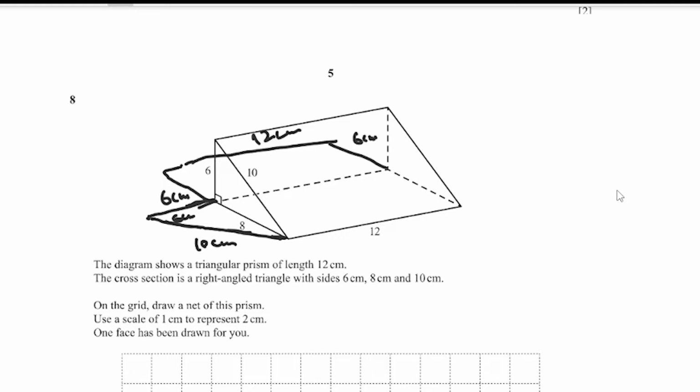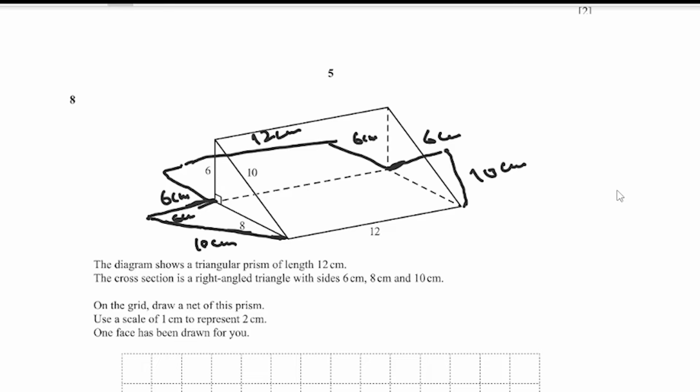For this face, we will draw 6 centimeter, and this side should be equal to 10 centimeter. So this is the net of this triangular prism.